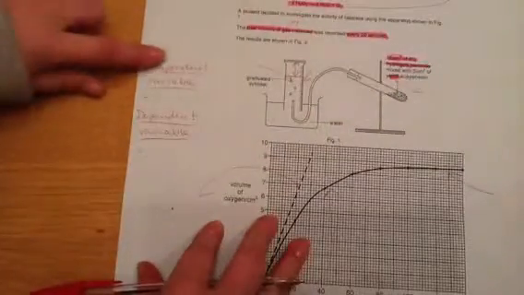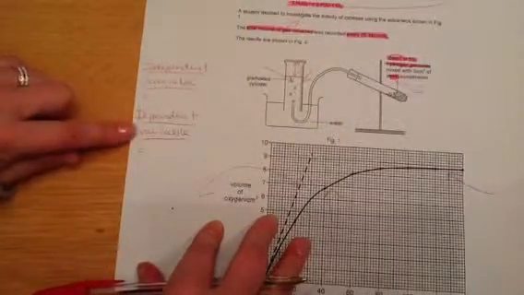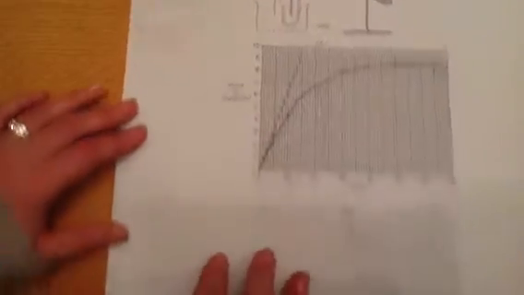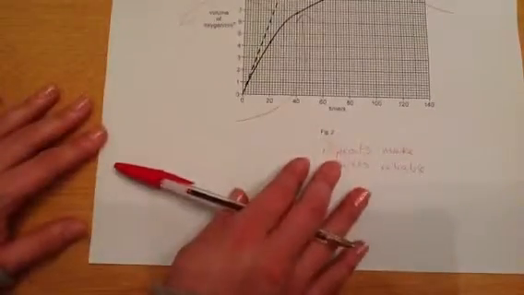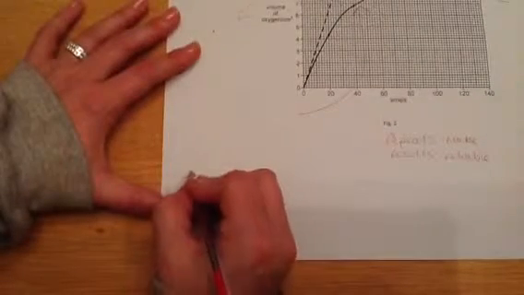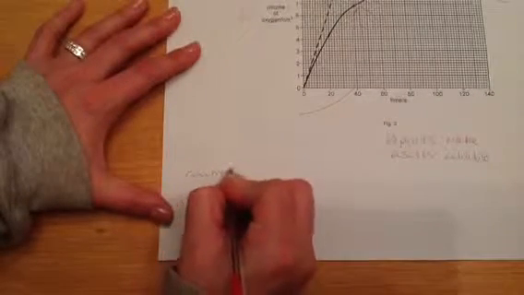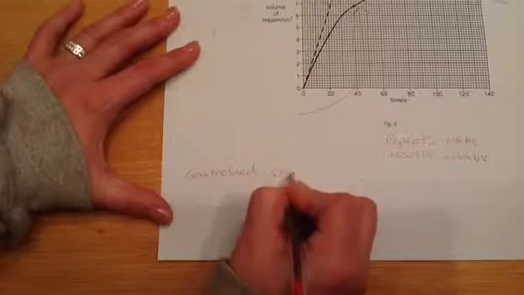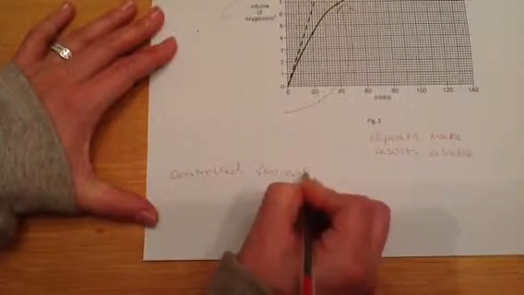Now, taking into account we've already decided what our independent and our dependent variables are, they never change. When we repeat our experiment, we also need to consider any variables that we are controlling. So what controlled variables would you have in this experiment as you make some replicate results?